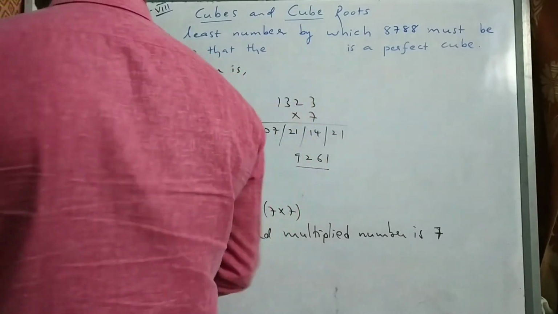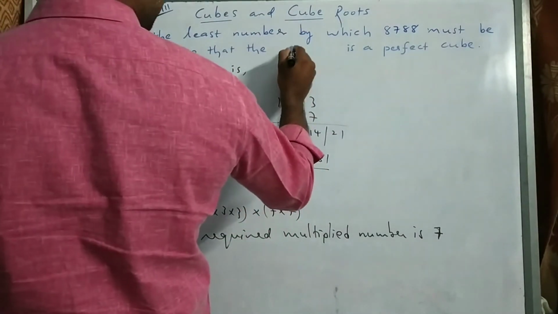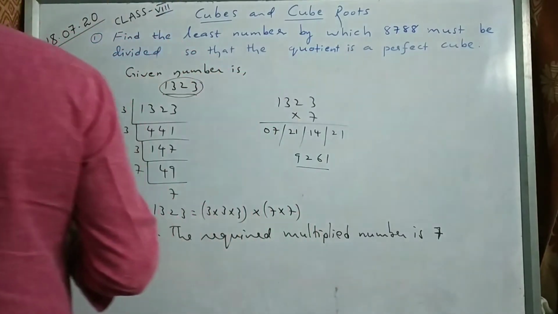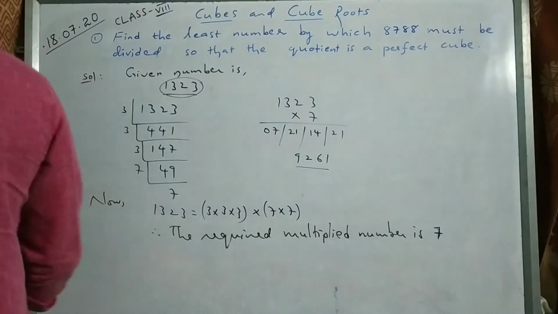When we multiply, we get a product. When we divide, we get a quotient. Is a perfect cube. Okay? Look at this.